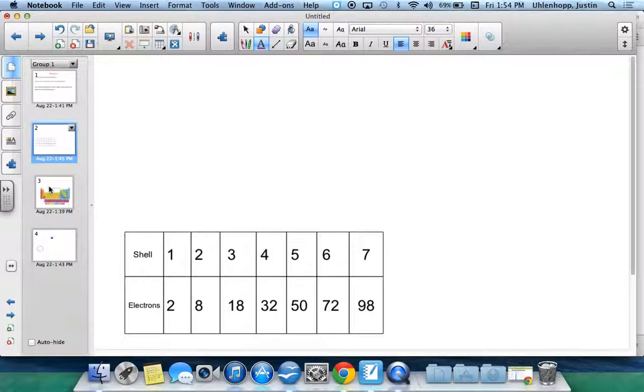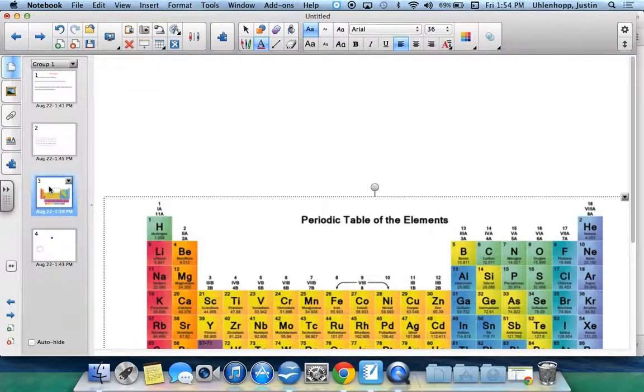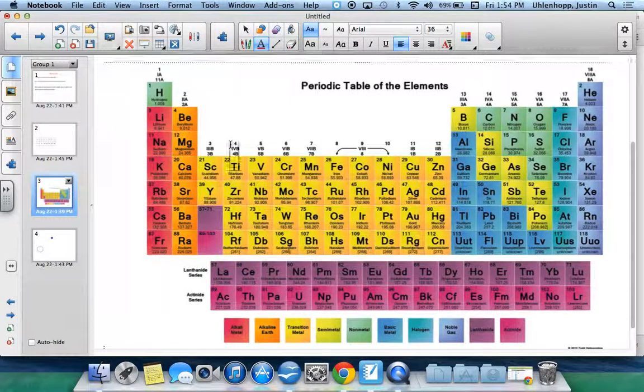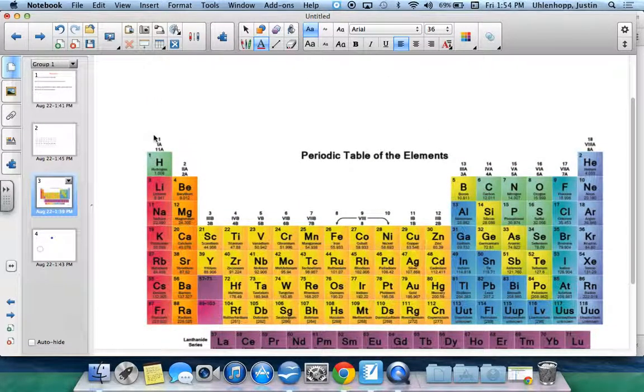Okay, now that you've done the chart, we're going to look at the periodic table of elements, and we are actually going to draw a diagram of hydrogen, which is element number 1. That means that hydrogen has 1 electron. If we go across the page, in this row there would be 1 electron, 2.